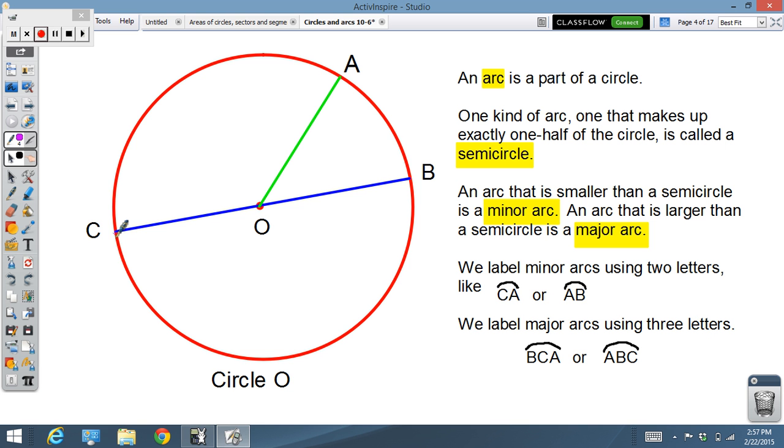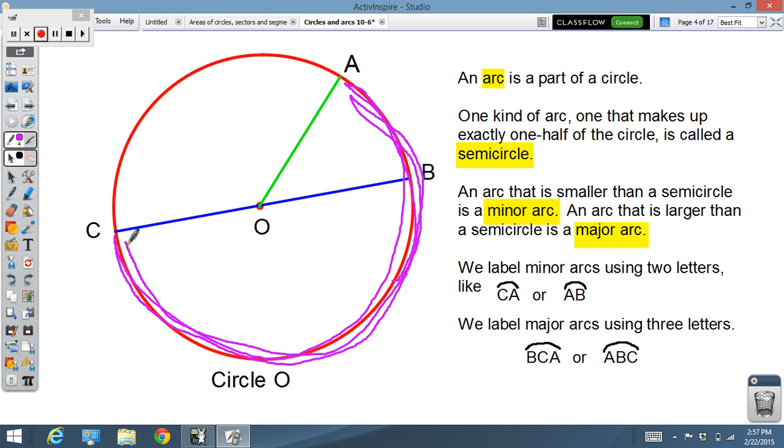So if I'm talking about the major arc that goes all the way around like this, I can't just call it CA, because then we would actually be thinking about this minor arc here, right? So for a major arc, we name it with three letters. CBA would be a good example of how to name that major arc. All right, ABC or CBA would name the major arc. Okay, and again, like that with our little arc symbol over it.